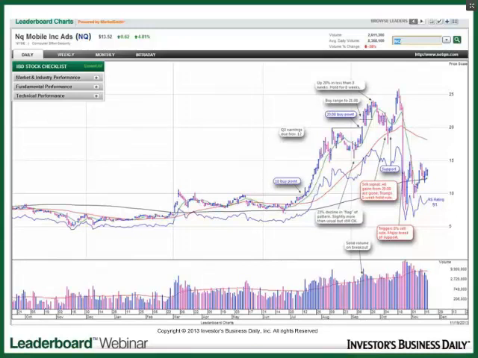In fact, there's a couple other big stocks right now that have the same sort of shorts going after them. One is Qihu 360. The ticker symbol is QIHU. We didn't actually put it on Leaderboard because there were some issues with the earnings. They were, I think, negative or only at 10% around the time it was breaking out.